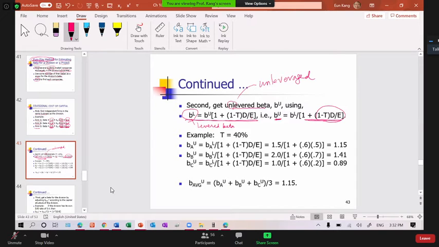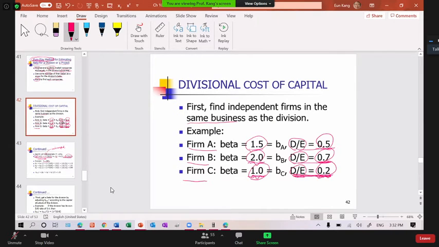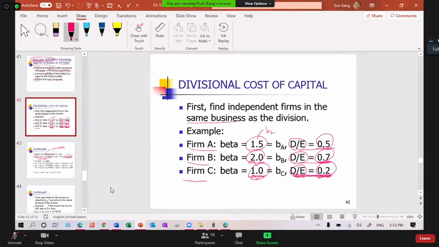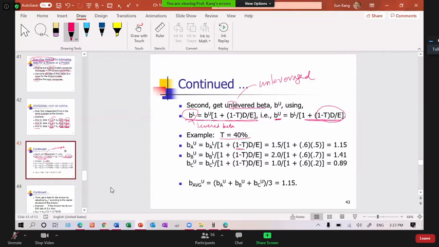For example, if T is 40%, this is BL. The beta published in the financial publications is BL, levered beta. That is divided by 1 plus (1 minus T) times D over E. 1 minus T is 0.6, right? D over E is given, say 0.5.